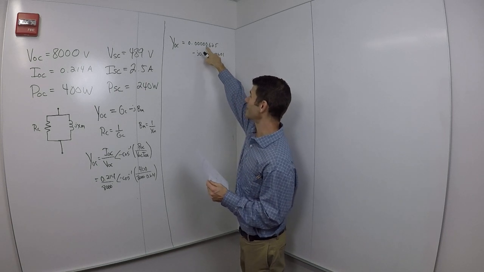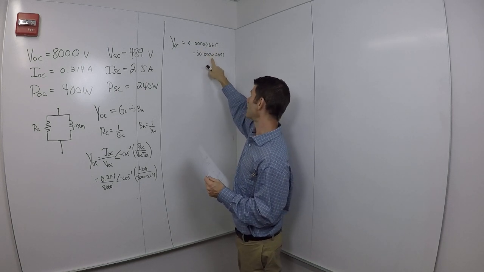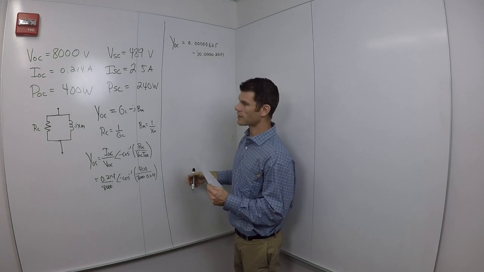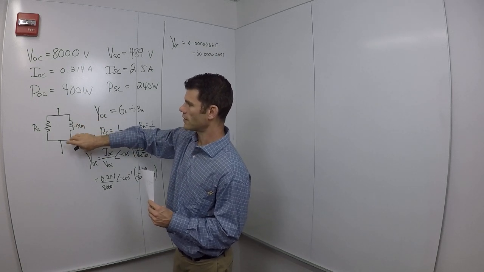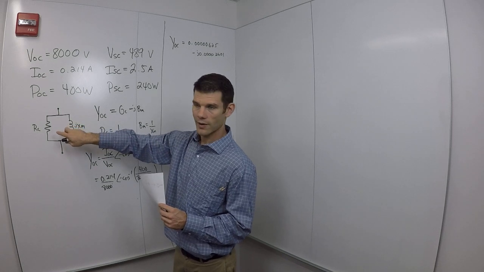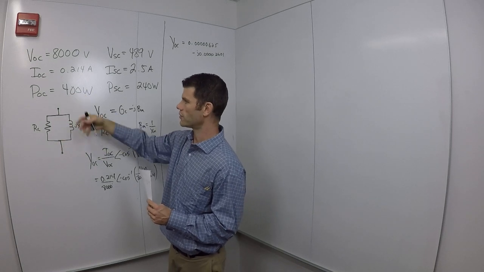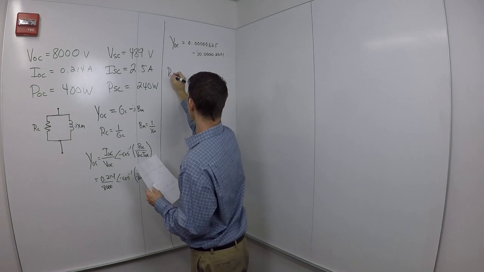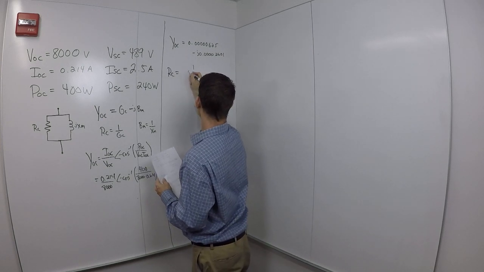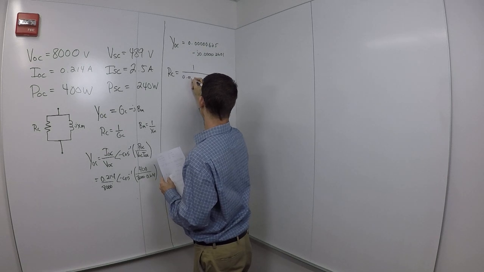So you can see the conductance is very, very low. The susceptance is very, very low. This is what we expected. We were saying in this test, the reason why we can do this is because this impedance has to be so high. If it wasn't that high, we wouldn't be able to do this test and get accurate results. So finding out what the resistance is, we're going to divide 1 by the conductance.